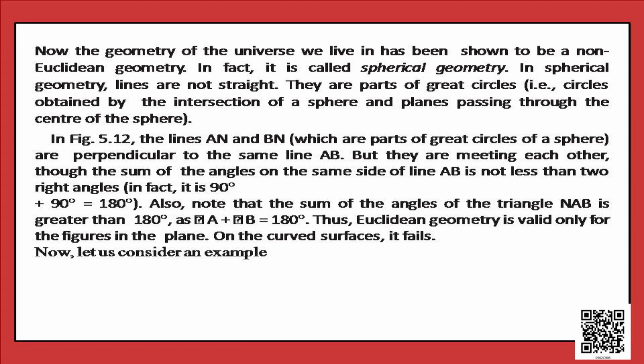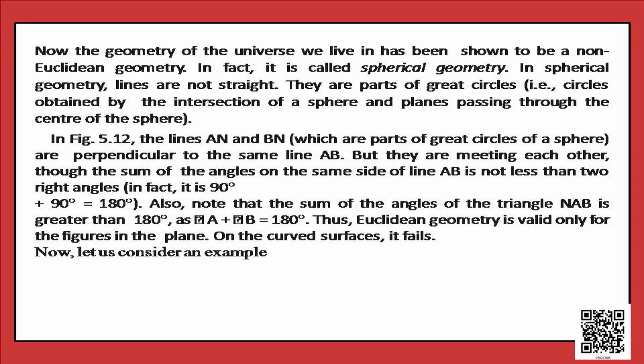In fact, it is 90 degrees plus 90 degrees, which is equal to 180 degrees. Also note that the sum of the angles of the triangle NAB is greater than 180 degrees, as angle A plus angle B is equal to 180 degrees. Thus, Euclidean geometry is valid only for figures in the plane. On a curved surface, it fails.